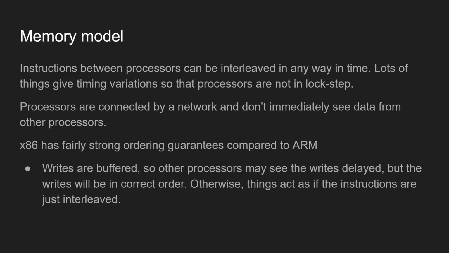In general, you should consider that instructions between different processors might be interleaved in any different way. One reason for this is because the operating system is controlling these threads and putting them on the different cores, but it's also having to share your program's processing time with other programs. And it does this through time slicing.